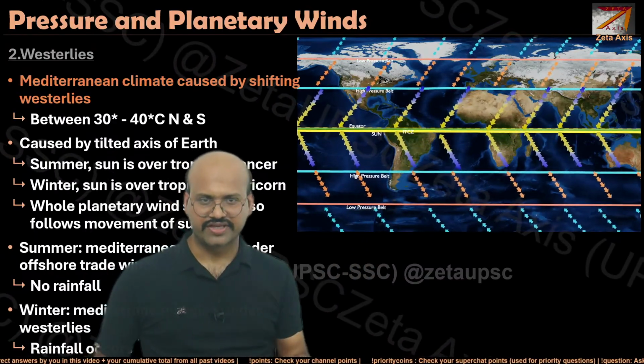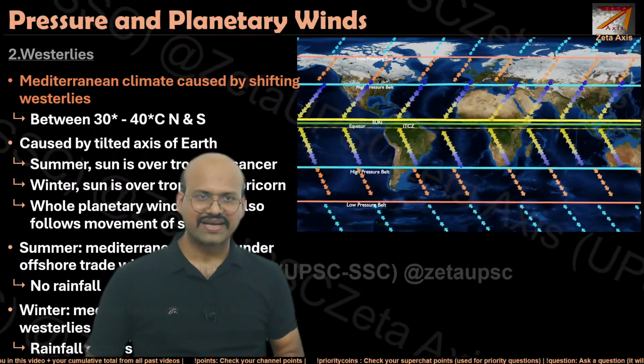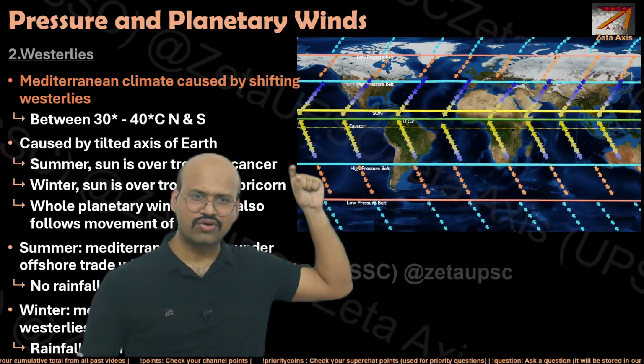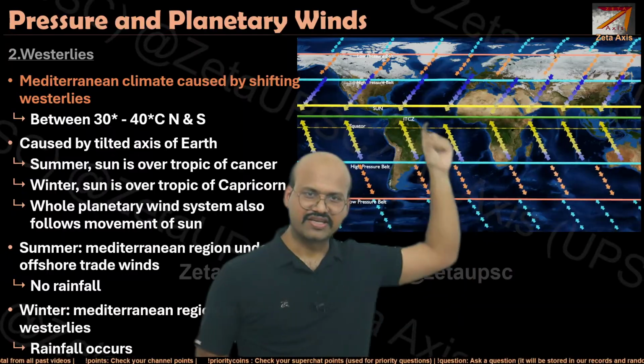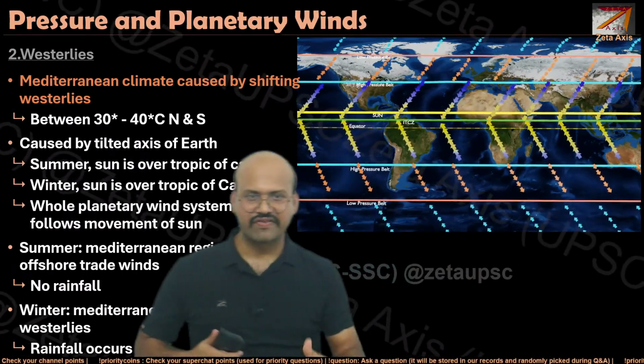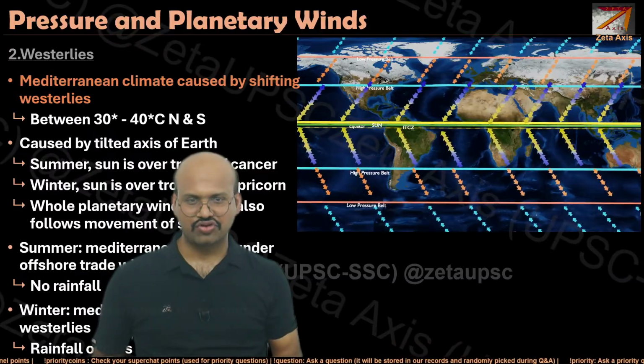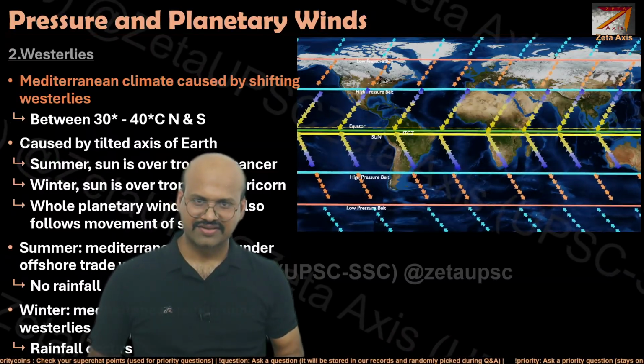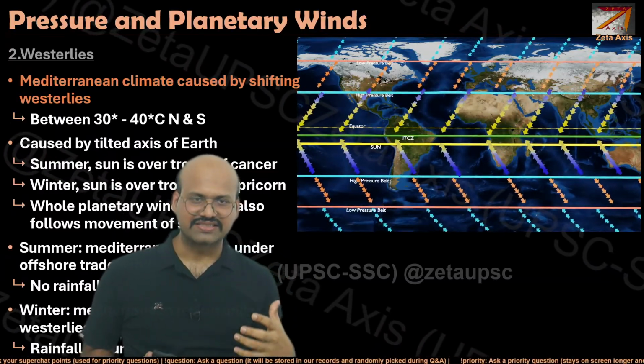Because of this, there is a very narrow area in this region, in both the hemispheres, where the westerlies' direction of flow changes. Here the wind direction changes.